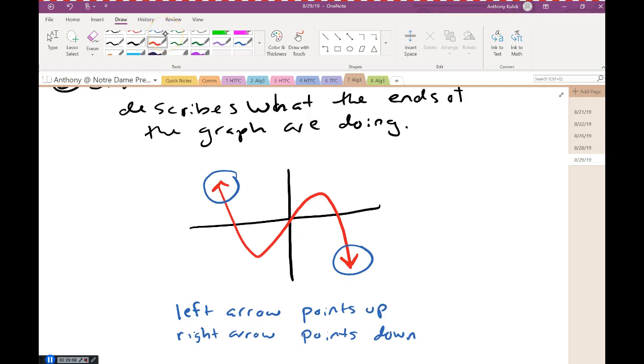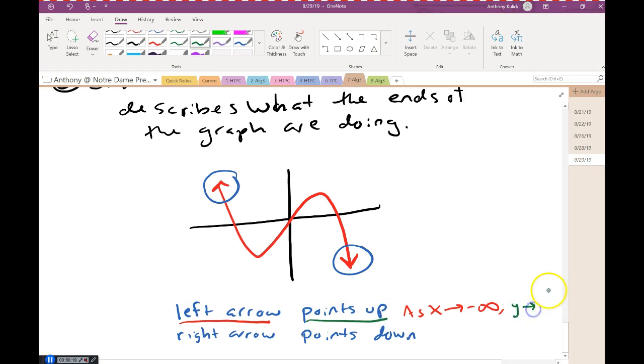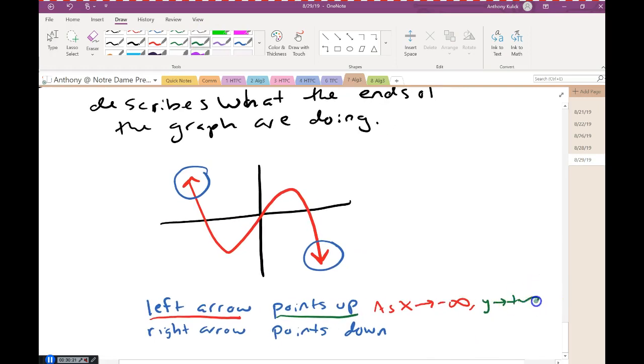So when we say left arrow, what we really are saying is x goes to negative infinity. And then when we say points up, we write y goes to positive infinity.